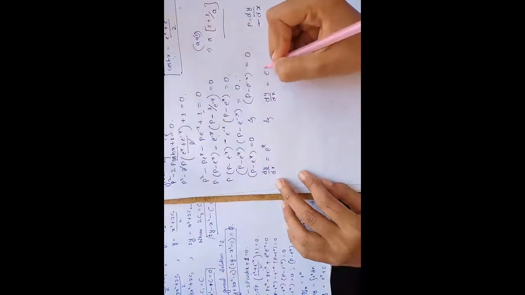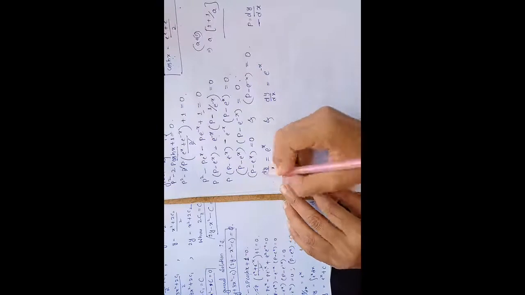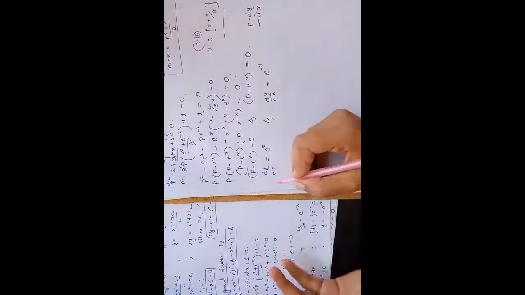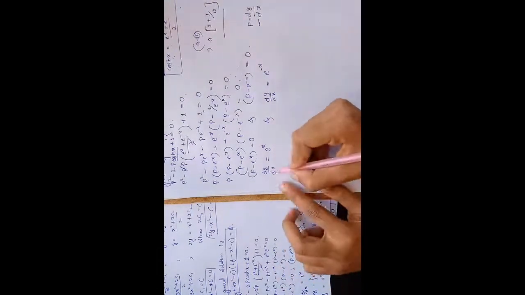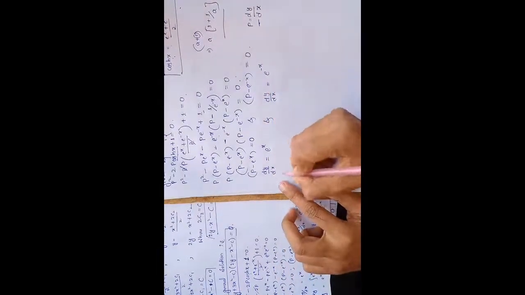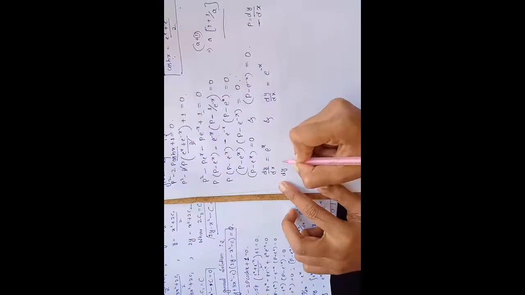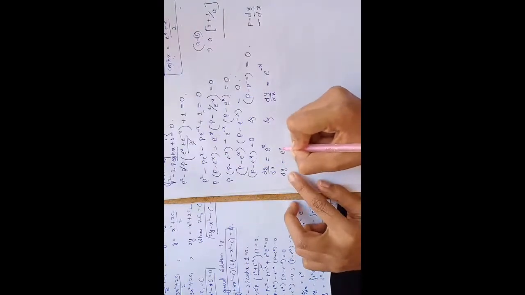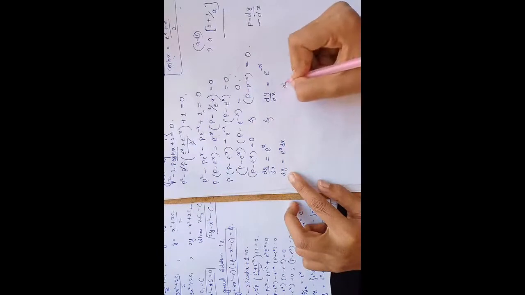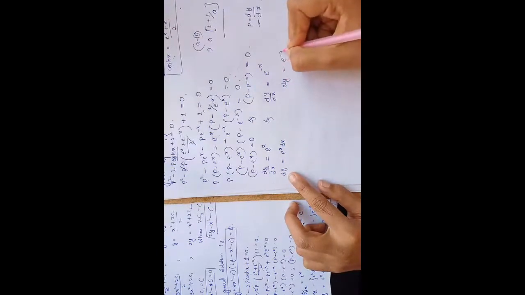Now use the variable separation method. The x terms go to one side and the y terms to the other. So dy equals e power x into dx, and dy equals e power minus x into dx. Now integrate on both sides.